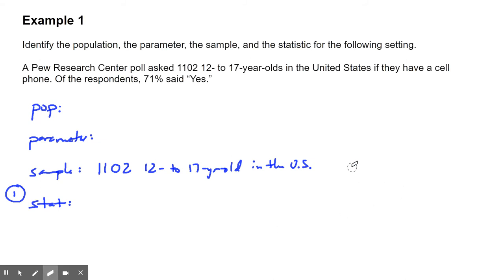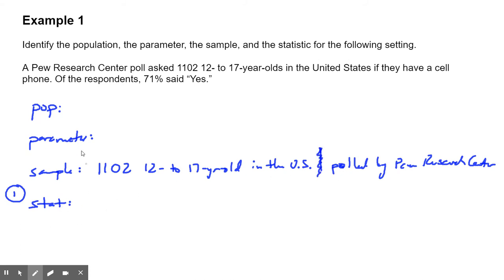Polled. 1,102 12 to 17-year-olds in the U.S. that were polled by Pew Research Center. Okay, now again, this is the word polled, P-O-L-L. You could probably cut it off here if you wanted to. I'm okay with that, right? So you could, but I like to be wordy.